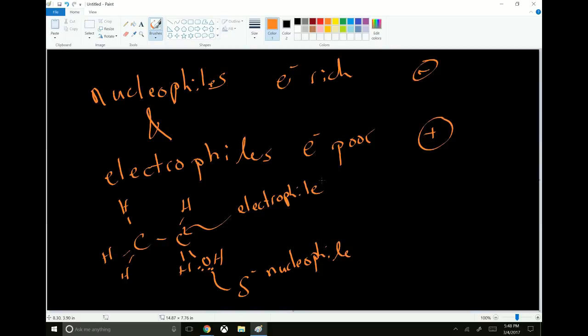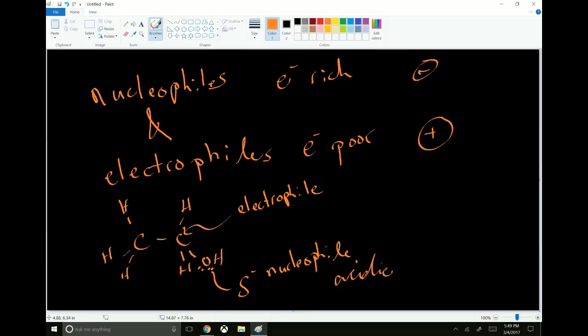And there are different reactions that will interact with electrophilic regions versus nucleophilic regions. And you can see that this works perfectly well with the Lewis definition of acid and base. If you're electron poor, that means you want to accept an electron pair, so you would expect this hydroxide on ethanol to be very slightly acidic.